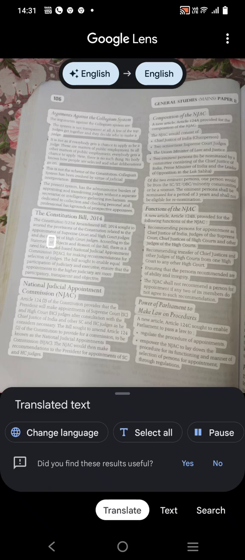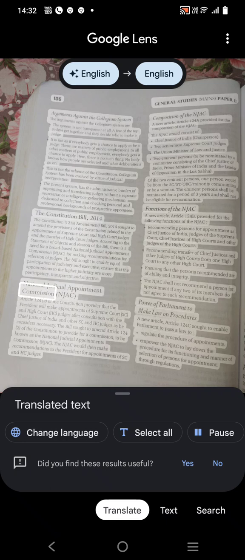According to the Statement of Objects and Reasons of the bill, there is a need for a broad-based National Judicial Appointments Commission, NJAC, for making recommendations for selection of judges. The bill sought to enable equal participation of judiciary and executive, and ensure that the appointments to the higher judiciary are more participatory, transparent, and objective.